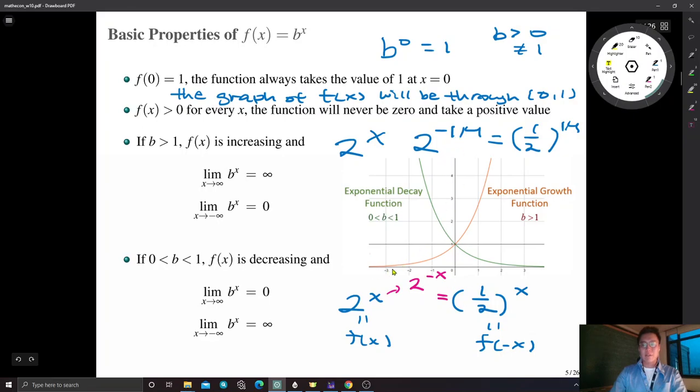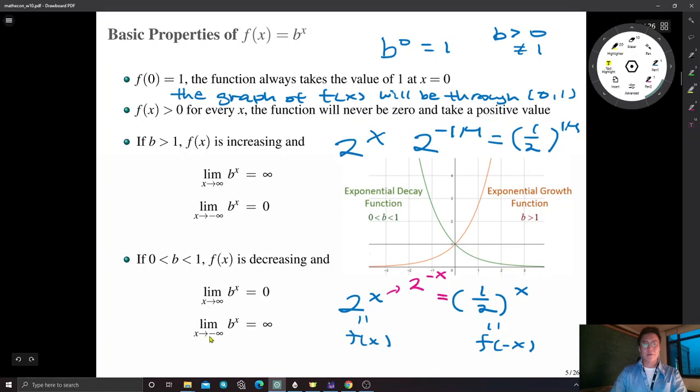So if 2 to the power x looks like this, then 1/2 to the power x, when the base is some number between 0 and 1, we are going to have this graph, which is exactly symmetric with respect to the y-axis. So when x grows to infinity, the function converges to 0.